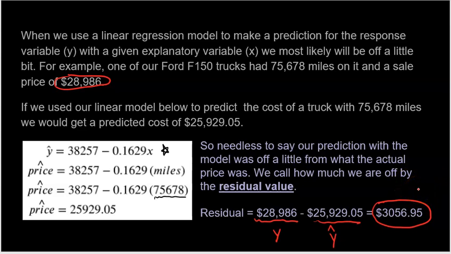So for this particular truck, my residual was $3,056.95, which means that the actual price was $3,000 more than the predicted. The actual value was above the predicted, or I could say that the predicted value was below the actual value.